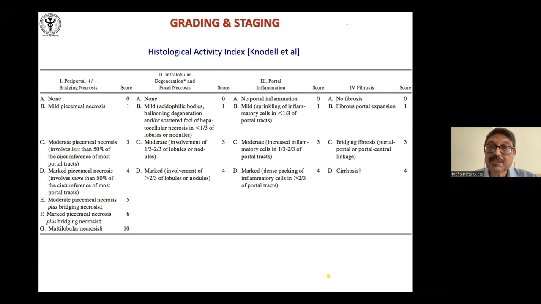But one must appreciate this was the first attempt to ever think in this manner. Secondly, it was done decades ago. At that time, in our understanding of hepatitis, we knew about non-A, non-B. Hepatitis C was not there. Non-A, non-B, we knew what it was not.